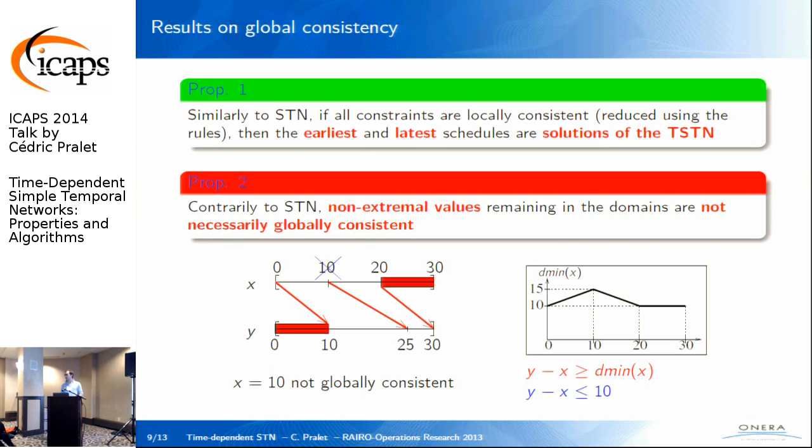That is, it cannot be extended to a solution of the TSTN. The reason is that if we start the transition from x to y at time 10, we have to pay 15 units of time, so we can end the transition only at time 25, and this is not consistent with the second constraint, which imposes that the distance between x and y must be less than 10.